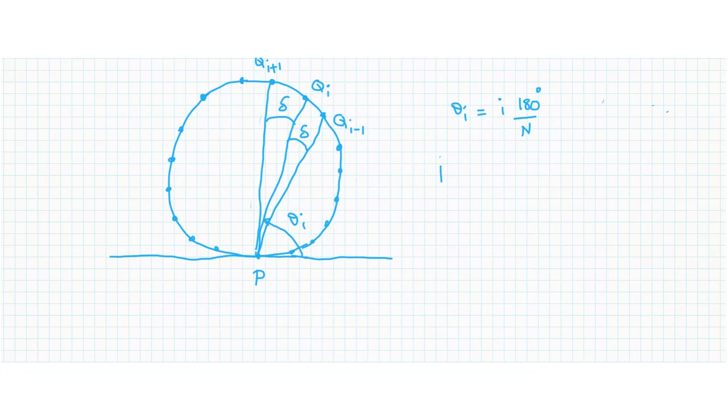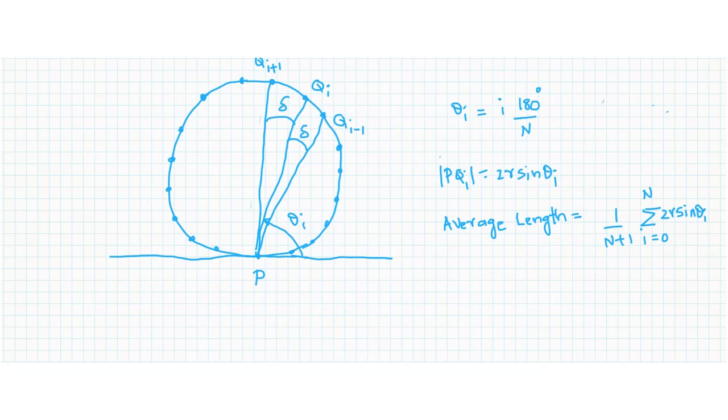The length of the chord PQi, as we saw earlier, is going to be 2r sine theta i. We saw this already in the earlier slide. If we want to sum the lengths of all the chords and divide by the number of chords, that will give us the average length. This will be the expression for average length. As n increases, this average length will approach the expected value that we saw in the previous slide.